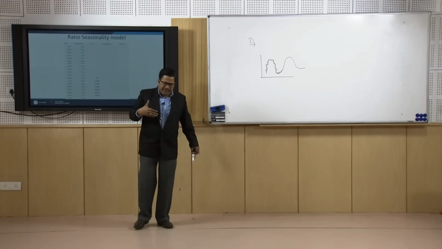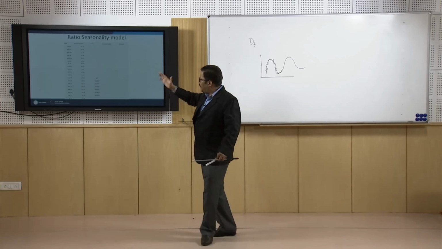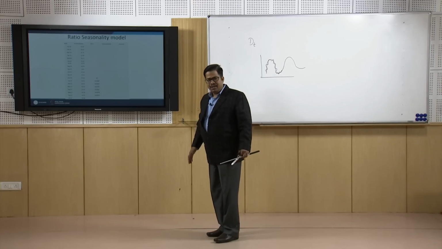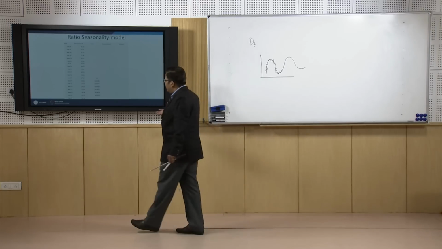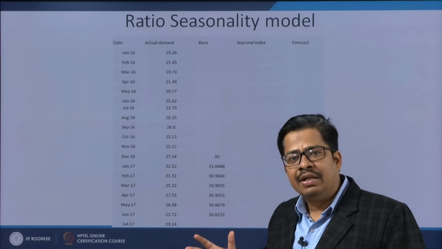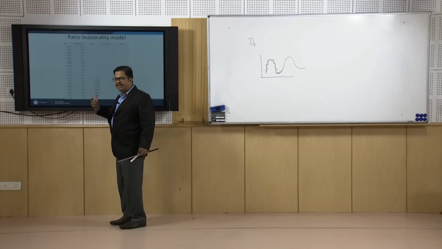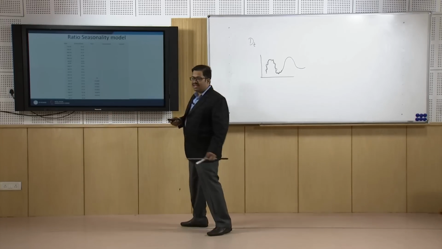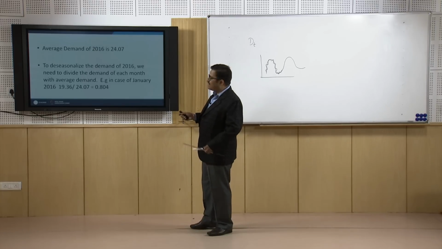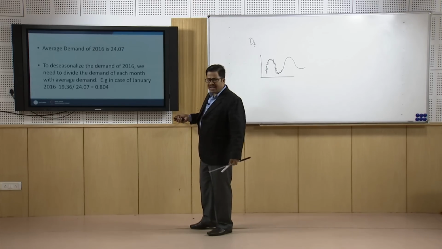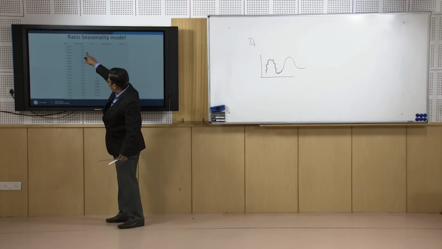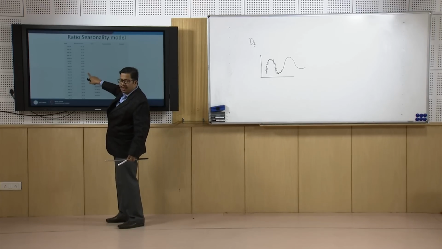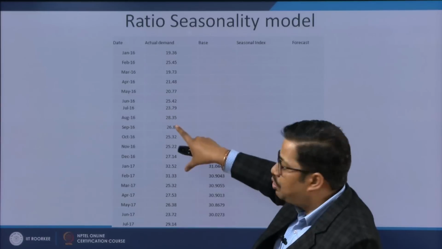Since we have assumed that this type of demand data has some kind of seasonality, and we are aware that seasonality is there, we need to deseasonalize the demand. For deseasonalization purposes we need to divide the demand of individual periods by the average demand of 2016.